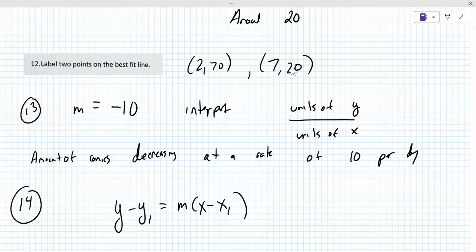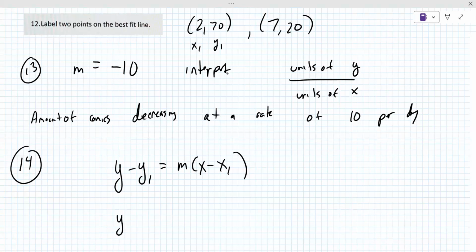Wait, for 2 comma 70, does the 70 go by the y1? Yes. Okay, I messed that part up. So it's x1, y1. Sometimes it's good to write that down. y minus 70 equals negative 10 times x minus 2.